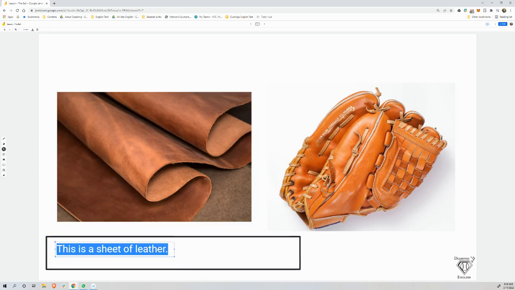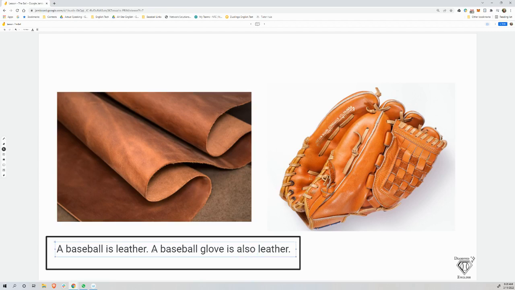And a baseball glove is also leather. So a baseball is leather. A baseball glove is also leather.